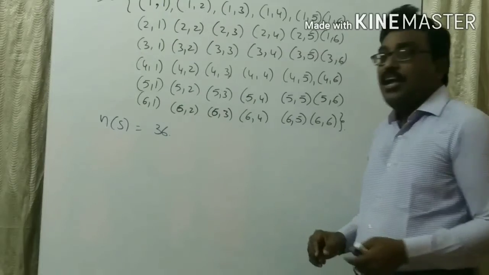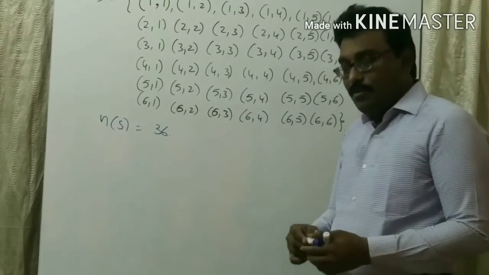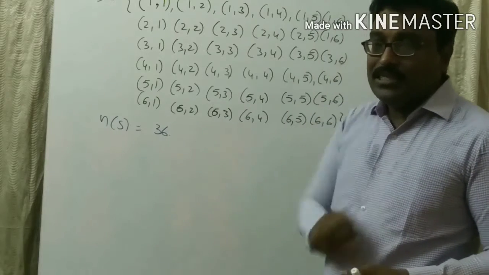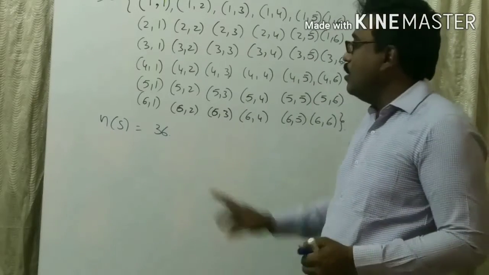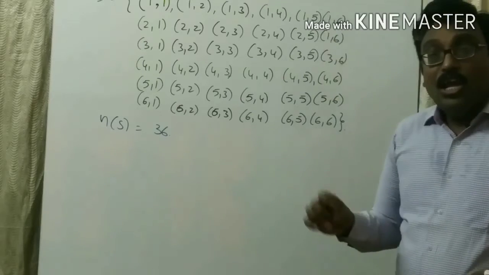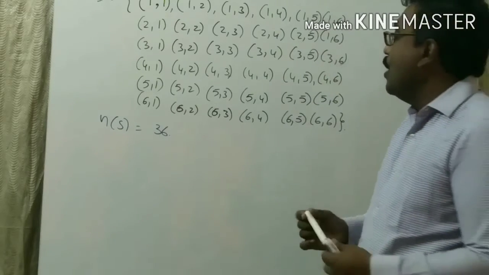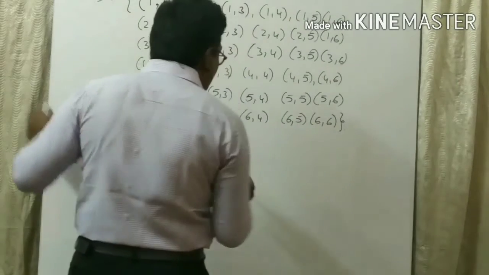Before solving different sums based on 2 dice, we'll discuss a logic here. If 1 die is rolled, 1, 2, 3, 4, 5, 6 only, the number of sample spaces is 6. If 2 dice are rolled, 36. If 3, if 4, if 10, how to do it? There is a formula.